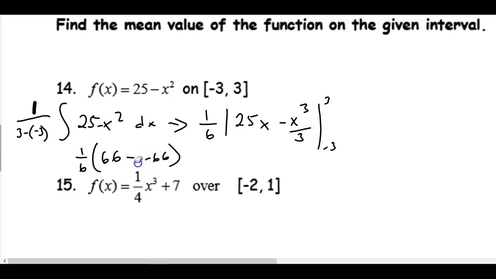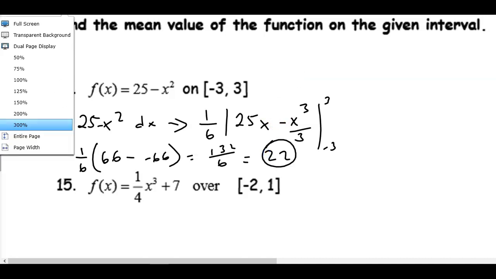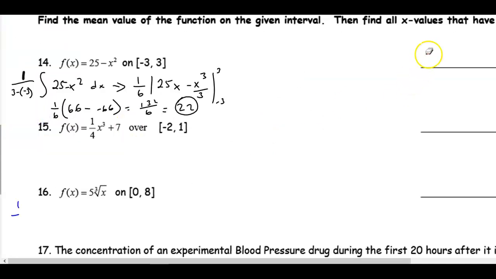So that right there becomes plus 66. So 132 divided by 6 is 22. So that's going to give us 22 right there.